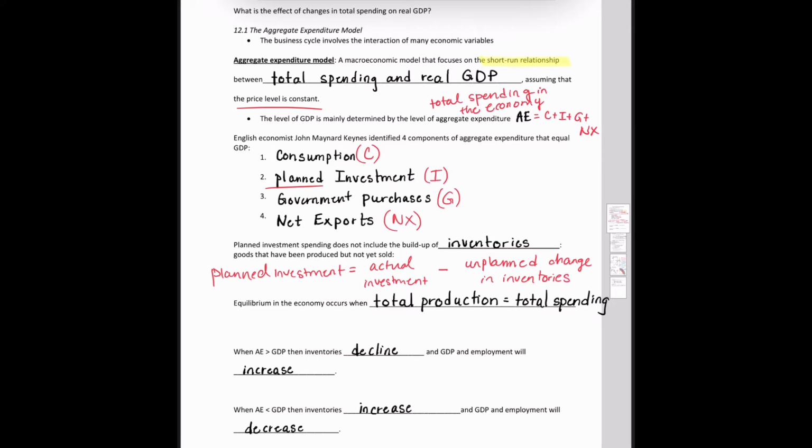The Bureau of Economic Analysis measures actual investment, but we're going to assume in this model that actual is close enough to planned in order to use it in our estimates of aggregate expenditure.